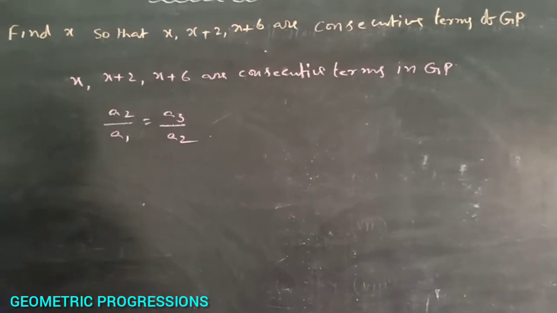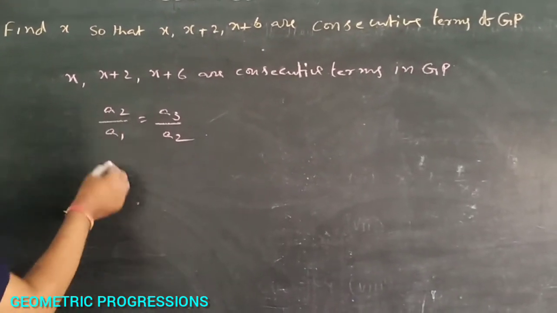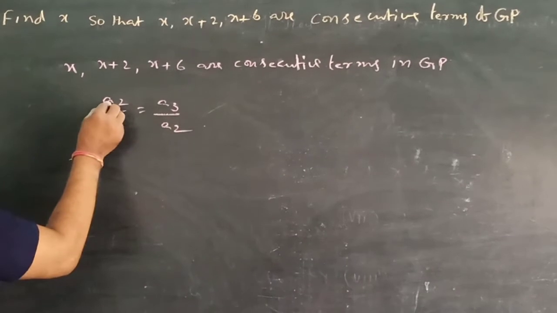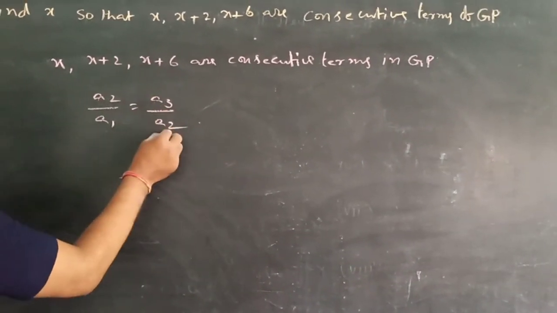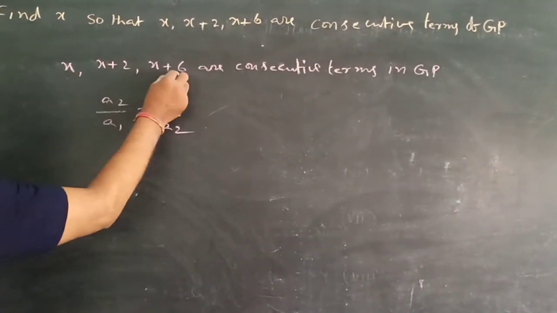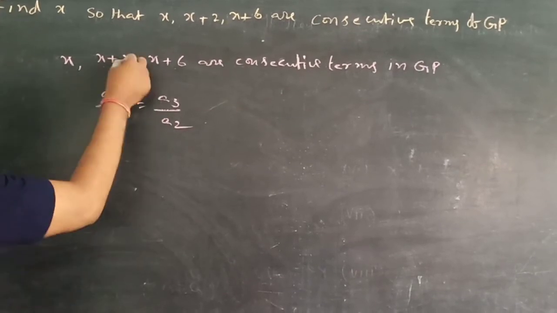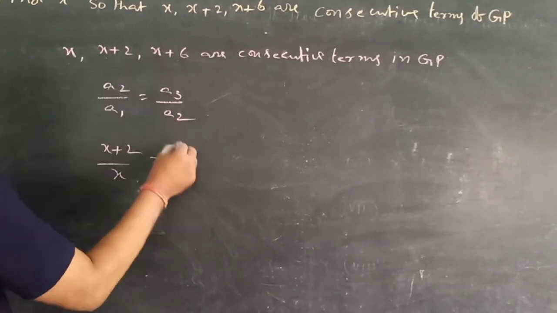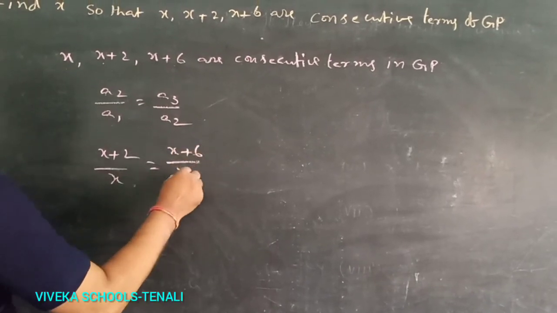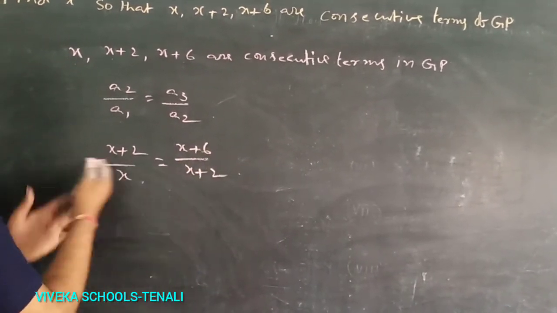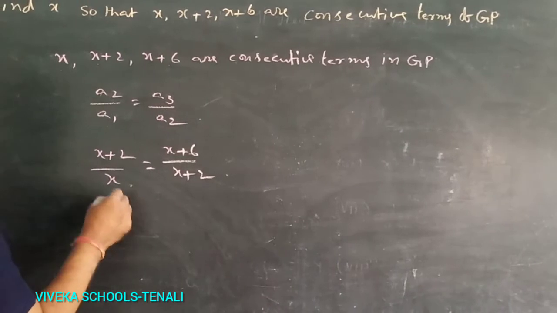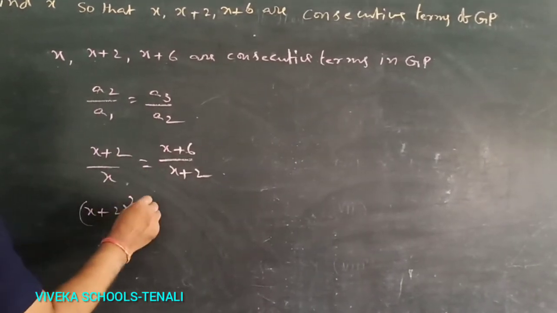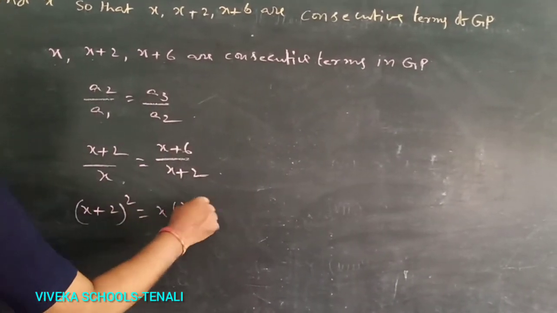That means what is the rule in GP? Common ratios are the same. So A2 by A1 is equal to A3 by A2. Second term by first term: x plus 2 by x is equal to third term by second term, x plus 6 by x plus 2. Then cross multiplication: x plus 2 into x plus 2, whole square, is equal to x into x plus 6.